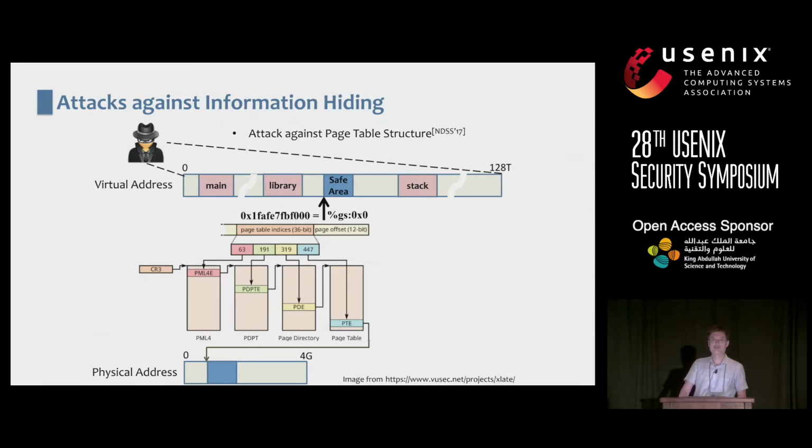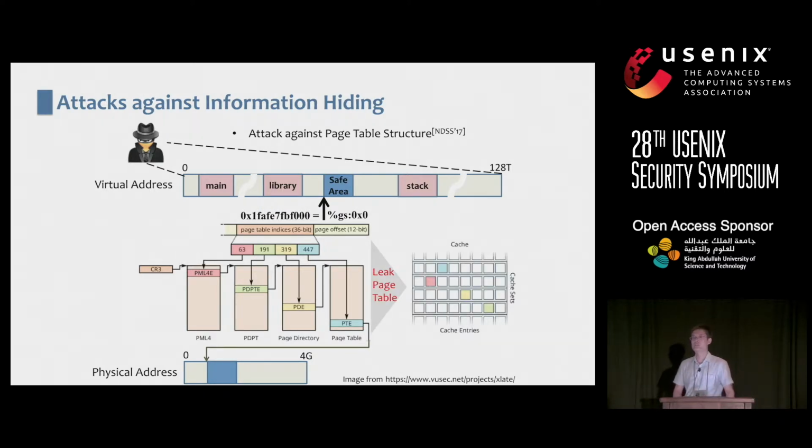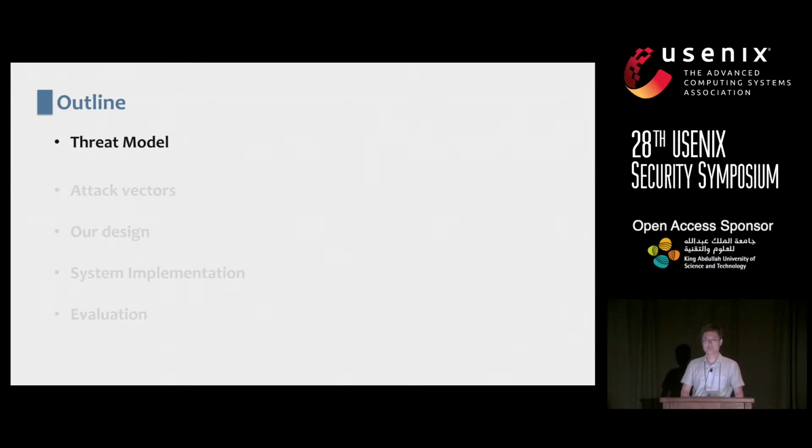There are four PTEs. During page table walking, these four PTEs will be loaded into the last level cache, so that the attacker could perform cache-based side channel analysis to infer the location of PTEs, and finally find the location of the safe area. So I have reviewed all the attacks against information hiding.